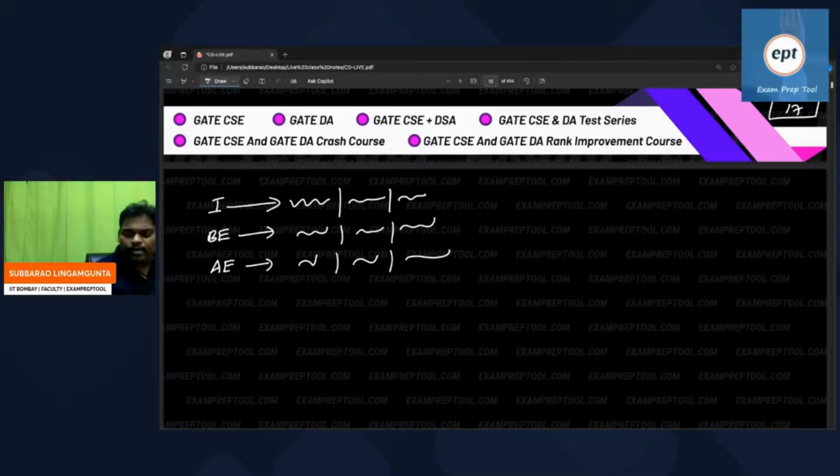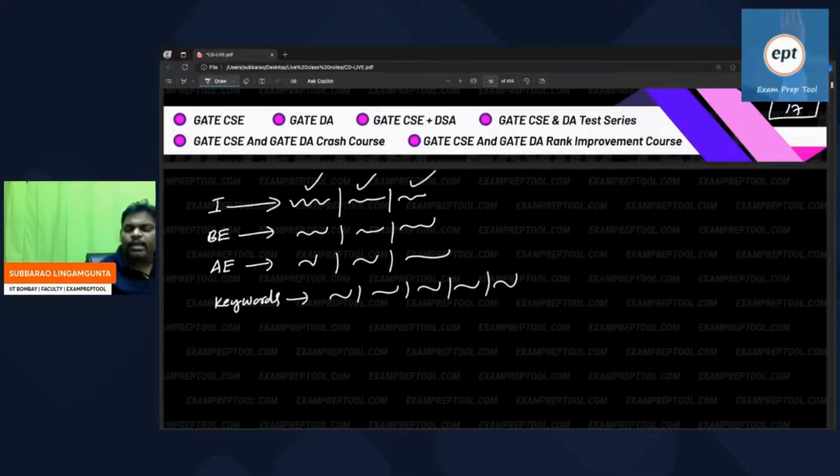Everything has grammar. Next, if any keyword is there, keyword purpose also has one grammar. Everything has some rules. Roughly, maybe identifier has 3 rules, Boolean expression has 3 rules, arithmetic expression has 3 rules.